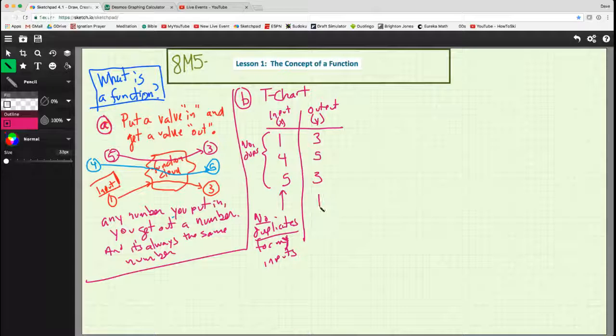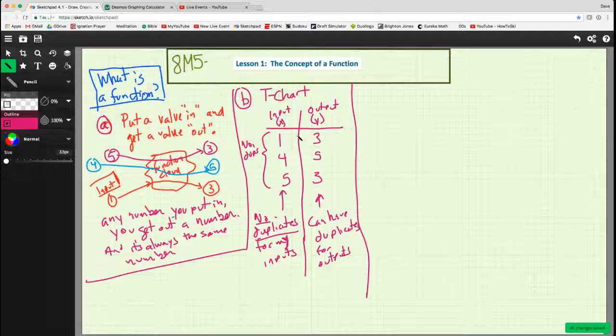My outputs can have duplicates. Some of you may have noticed that we had a 3 here and a 3 here, and that's okay. We can have duplicates for outputs. So anything that can be represented by a T-chart is indeed a function.